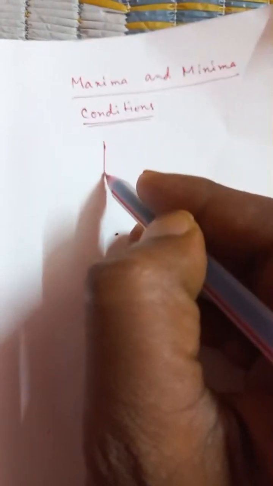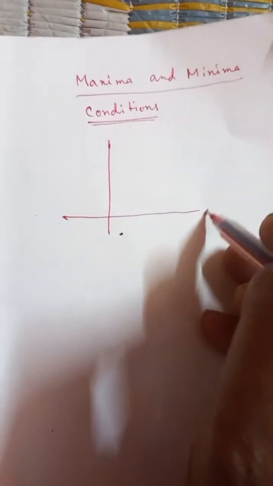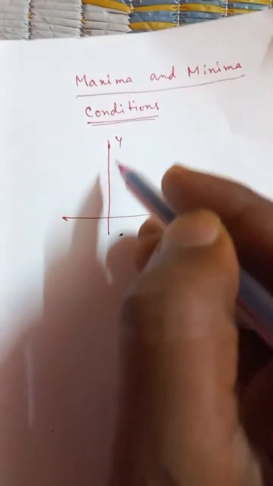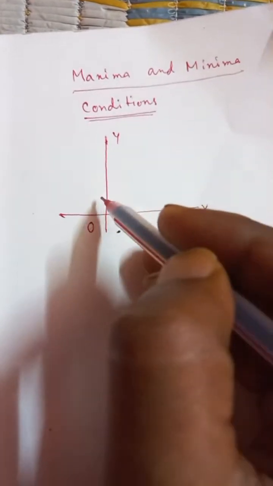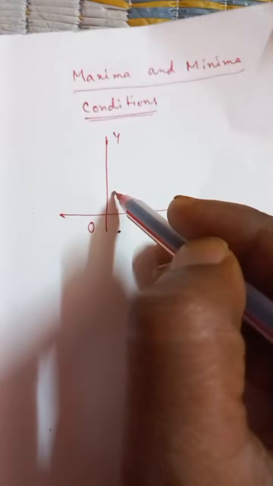So let's take a Cartesian plane first. This is the x-axis, this is the y-axis, this is the origin O. I am taking a curve in this way.